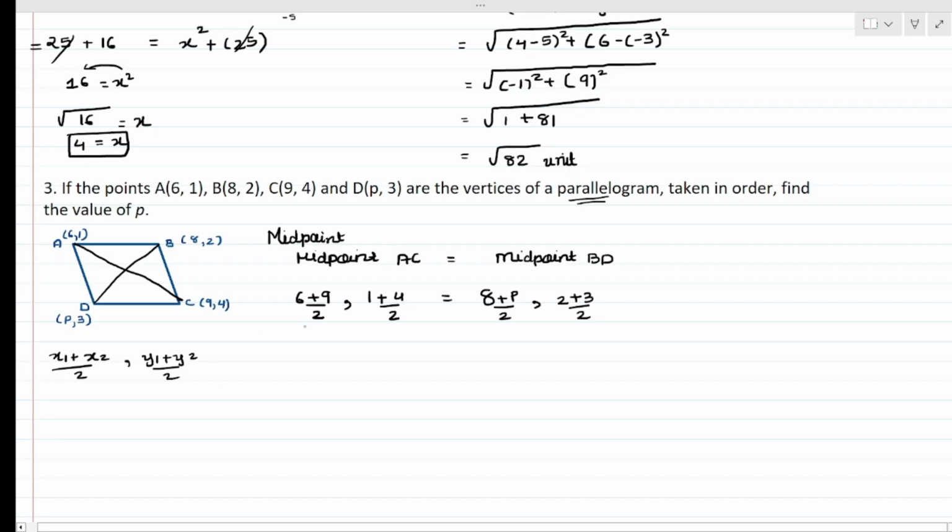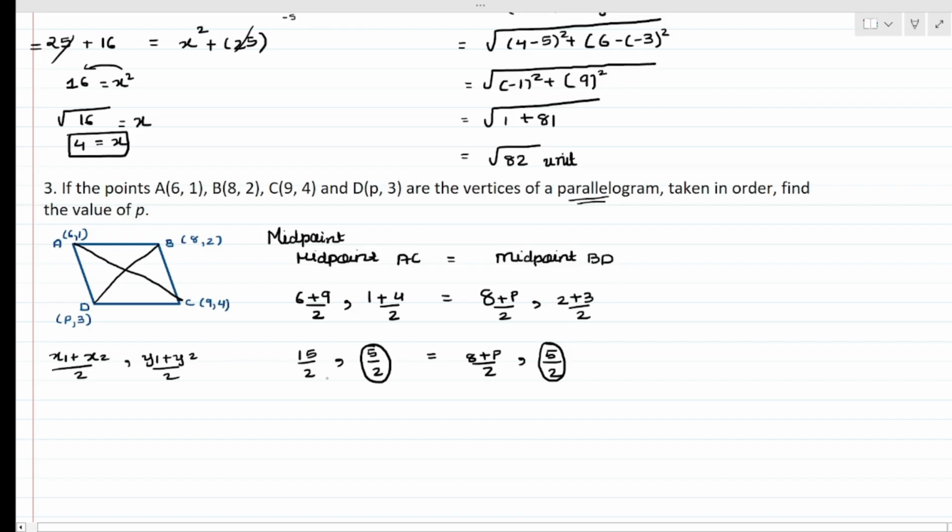Now solve this. 6 plus 9 means 15 upon 2, comma 5 upon 2 will be equal to 8 plus P upon 2, comma, 5 upon 2. Now you can clearly see over here that my y coordinate of AC is equal to my y coordinate of diagonal BD.